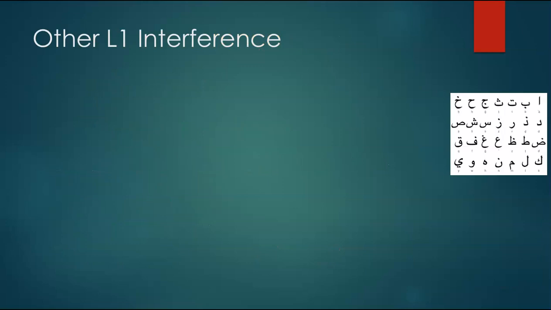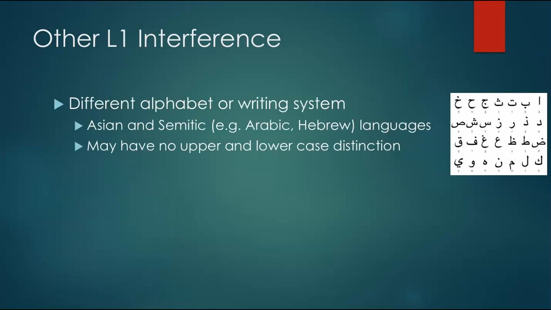Beyond phonetics and syntax and morphology, there are a few other issues, especially related to reading and writing systems, that are going to be first language interference for some of your English language learners. Depending on their background, some of your students may be learning a completely new writing system or alphabet.